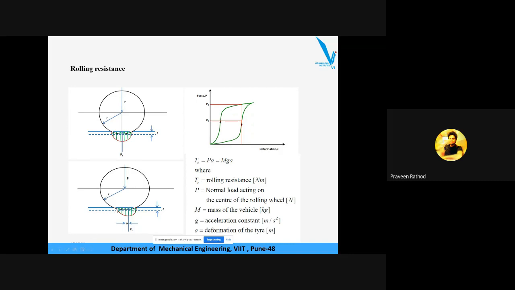Whenever the tire rolls, the leading half of the contact area is in loading condition and the trailing half is in unloading condition. How exactly is the pressure distributed here? Is the pressure on the leading half greater or lesser? Can anyone let me know?